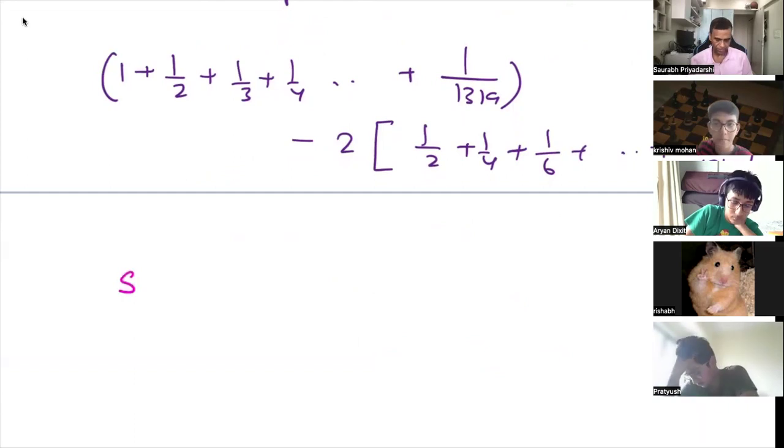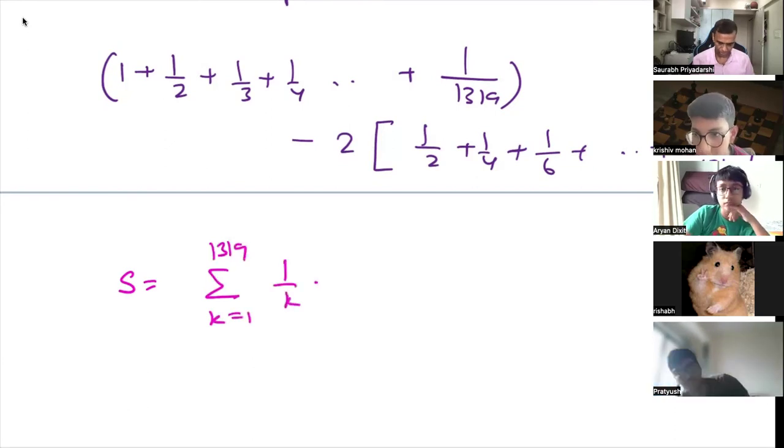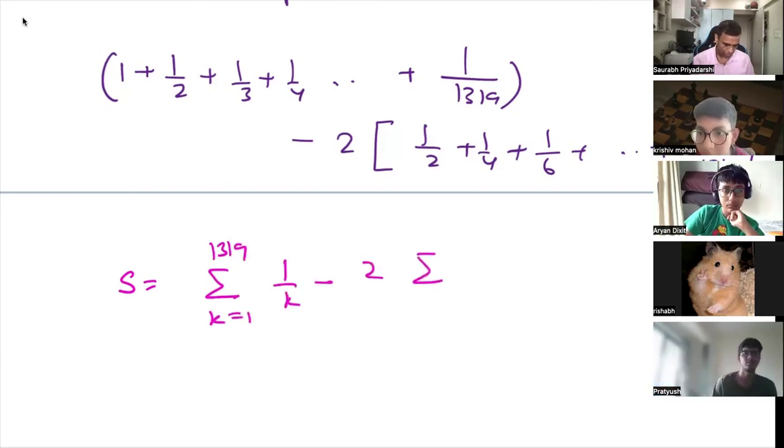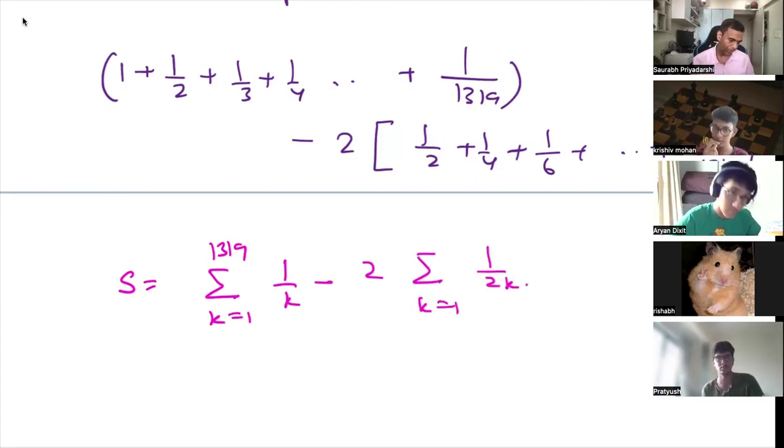This S is equal to the summation, K equal to 1 to 1319, of 1 by K, minus twice the summation of 1 by 2K, K equal to 1 to, how many terms will go? 1318, so this will be 659.